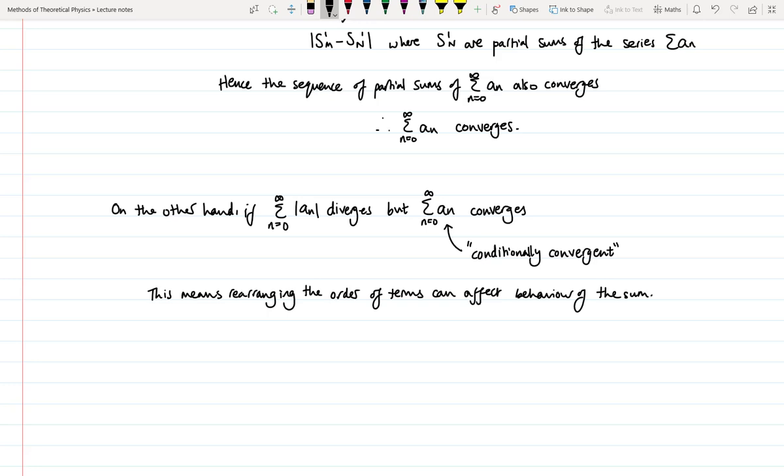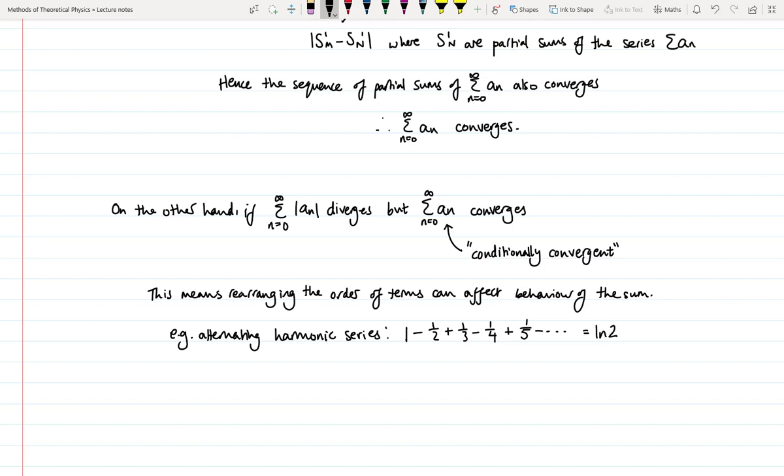And as a quick example of this, there's something called the alternating harmonic series. And this has terms 1 minus a half, plus 1/3, minus a quarter, plus a fifth, and so on. Turns out that this converges to ln 2.